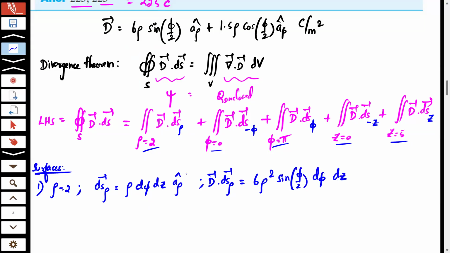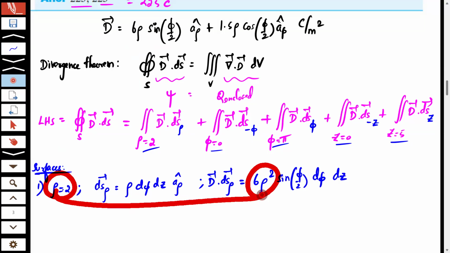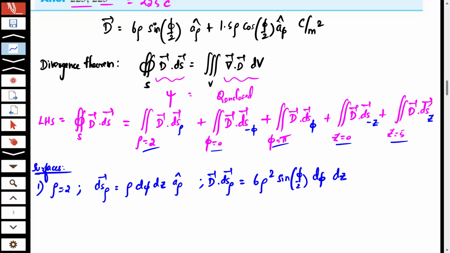And on this side, whatever the value of rho, we should write the value of rho as 2. So we need to substitute the value of rho as 2. By doing so, we will get D dot dS to be 6 into 4, which is 24 sin(phi/2) d phi dz.